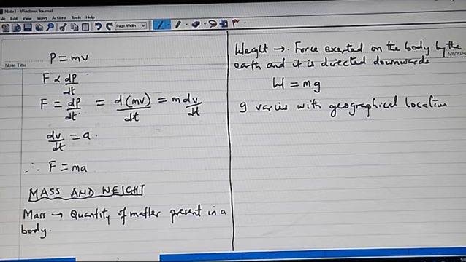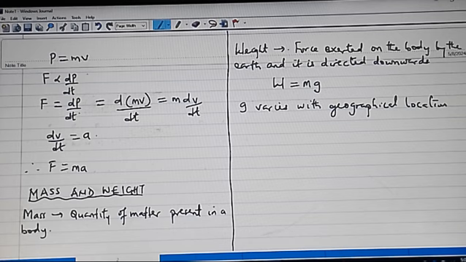However, if we have a body that has that same mass of 50 kg on the moon where the value of g is 1.6 meter per second square, if you multiply that with 50, you have 80 Newton. So you see that here on Earth, where our g is around 9.8, for an object that has mass 50 kg, the weight will be 490 Newton, which is 50 times 9.8.